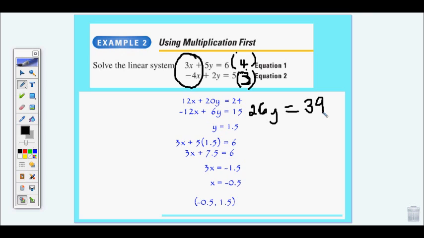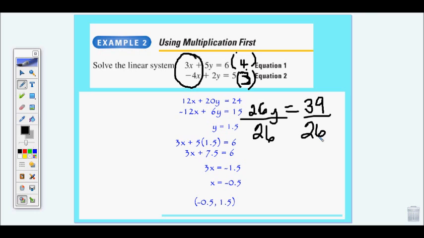It's also easy to graph a decimal. So I'm fine if you divide both sides by 26 and you get 1.5. If you really love doing mixed numbers, then you could reduce that and you would get 1 1/2.